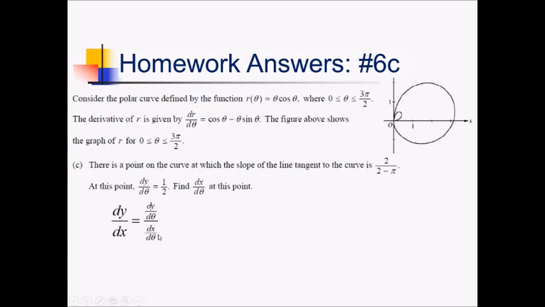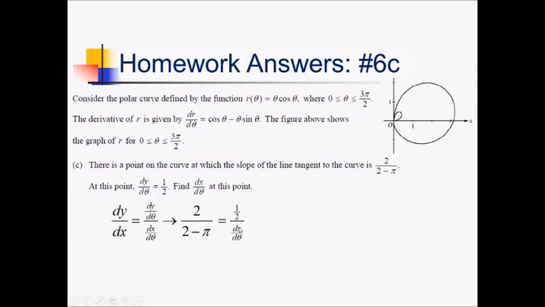Now here we don't actually have to express anything parametrically and do that dance, because they told us what dy/dθ is. They also told us that the overall dy/dx, the slope, was 2 over 2 minus π. So we can set up just a little equation using this right here. Instead of dy/dx, I'm just going to write 2 over 2 minus π. And for this big crazy fraction, I've really got 1/2 over dx/dθ.